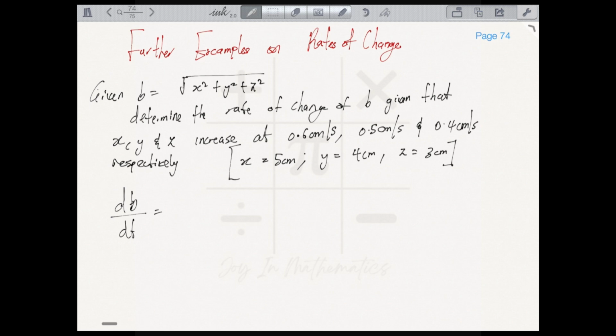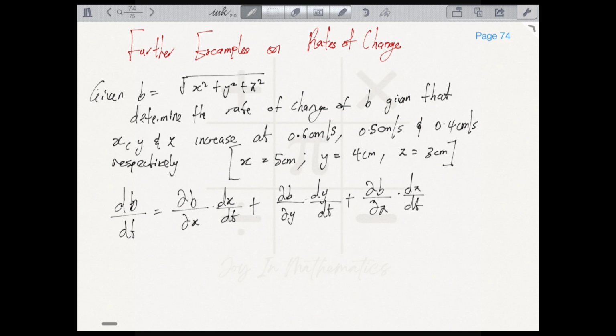Therefore, dB/dt will be the partial derivative of b with respect to x multiplied by dx/dt, plus the partial derivative of b with respect to y multiplied by dy/dt, plus the partial derivative of b with respect to z multiplied by dz/dt.